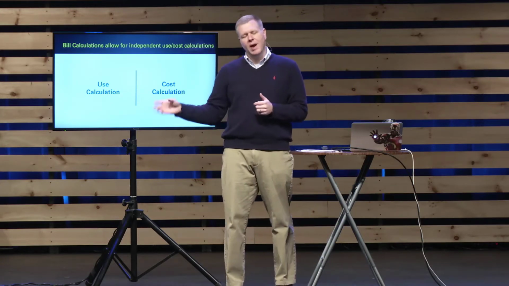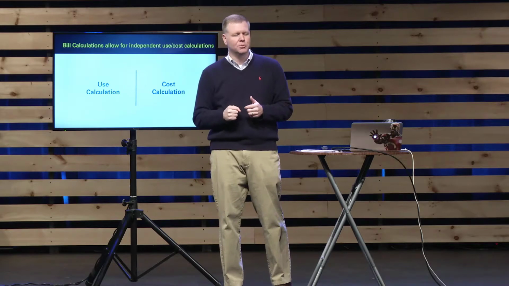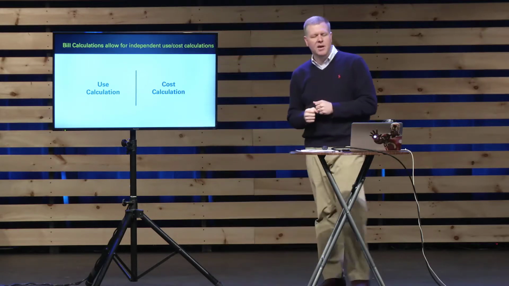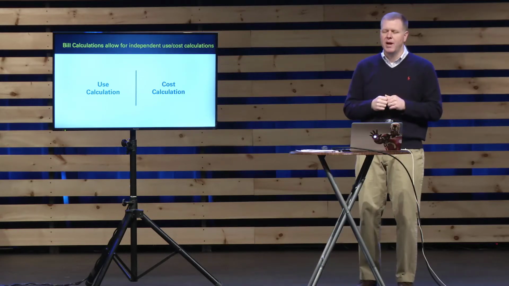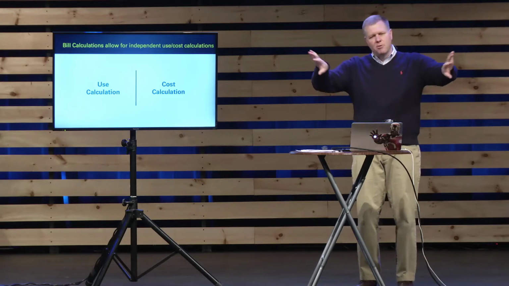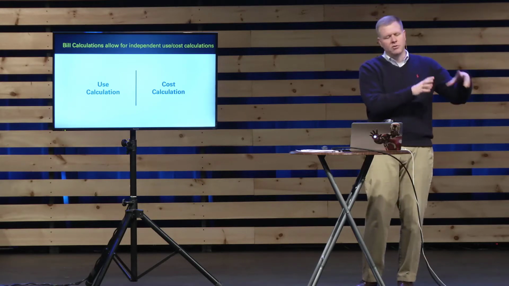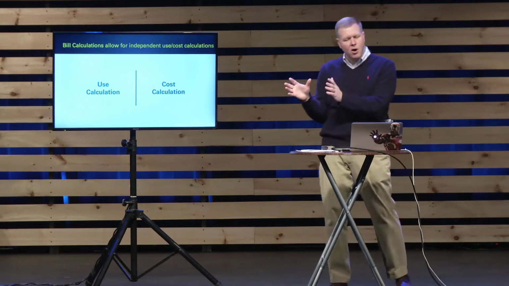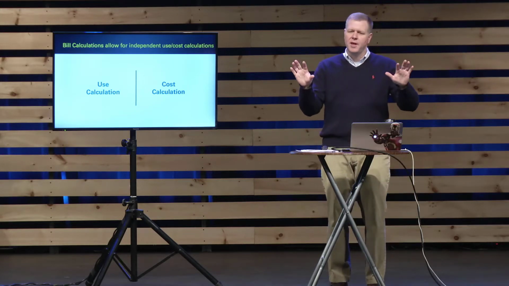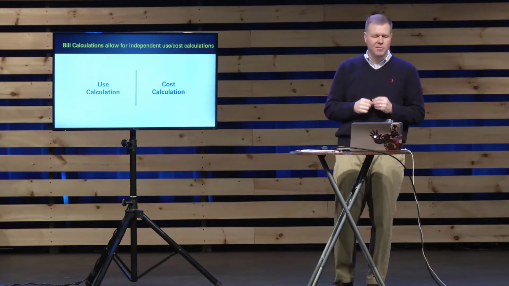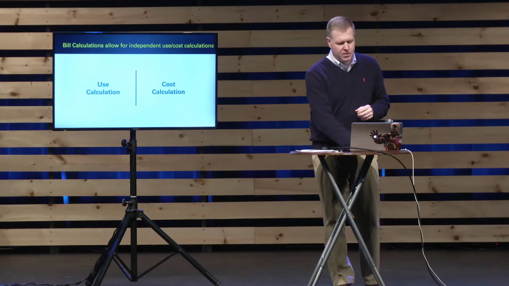Maybe I'm working on a grant and I have a fixed rate that I have to charge. Maybe I have a tenant that I have a contract with and I have to charge a particular rate. We've now separated the use calculations and the setup of the use calculations from the cost so that you can do two separate things all in one bill. And I'll give you some examples of that in just a minute.